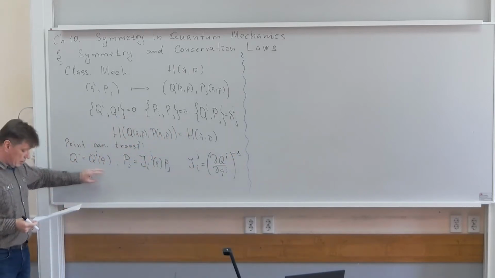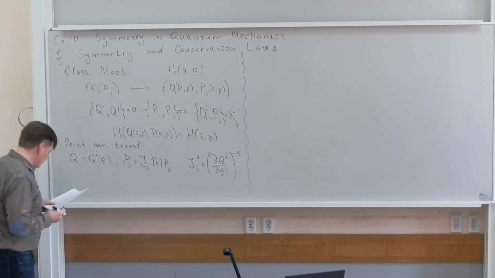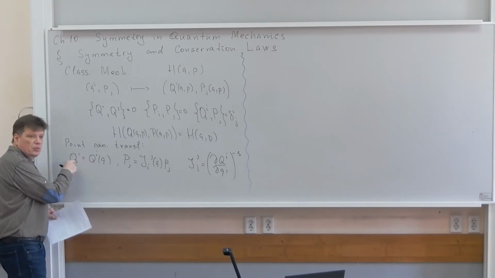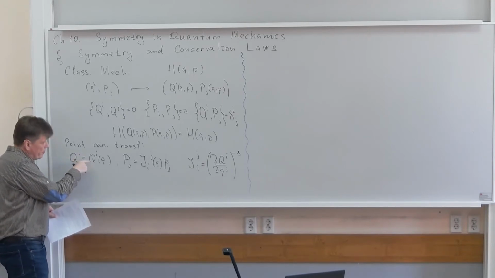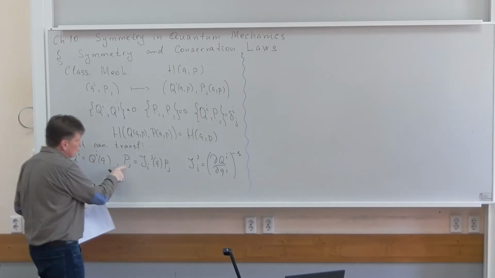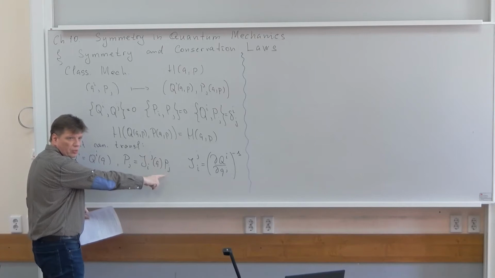As you see, for point canonical transformations, the new generalized coordinates Q are functions of the old ones, right? And the new generalized momenta P are given by linear combinations of the old ones.